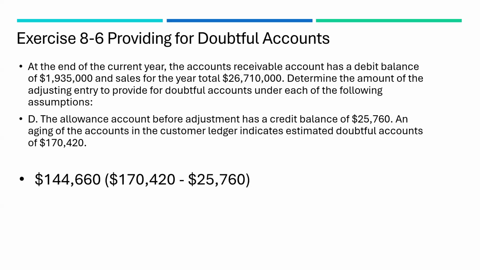And then under this example, assume the allowance initially had a credit balance of 25,760. And the aging method determined that our estimated doubtful accounts needs to be 170,420.